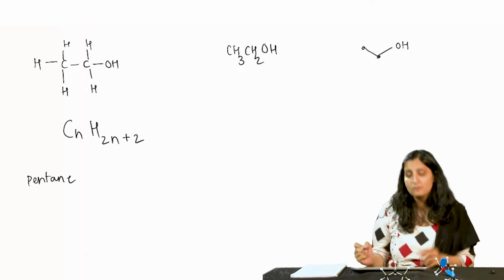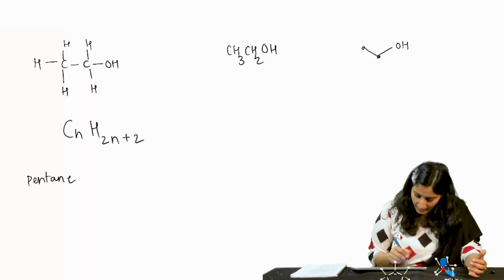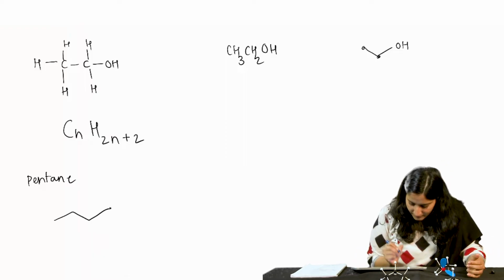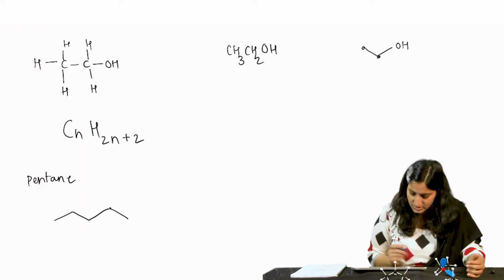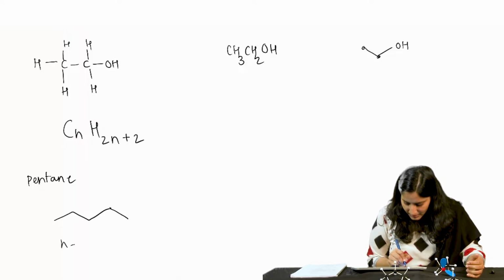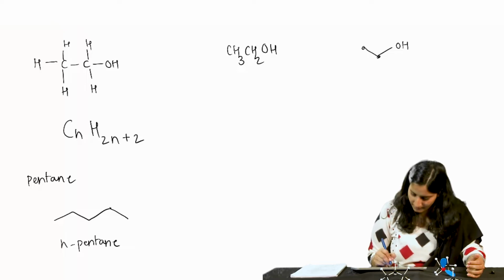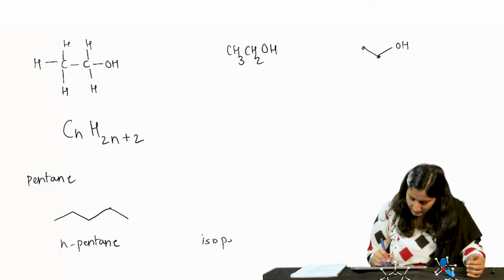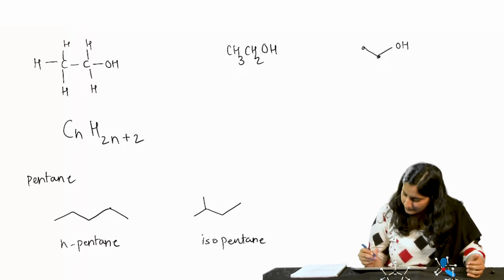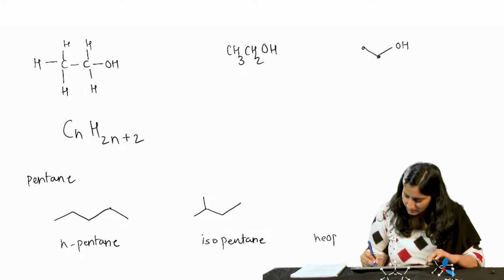Pentane has 5 carbons and will have the following constitutional isomers. So, this is n-pentane. Next we have isopentane, and then we have neopentane.